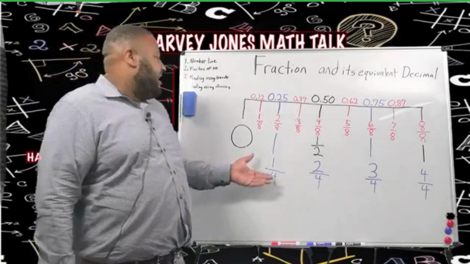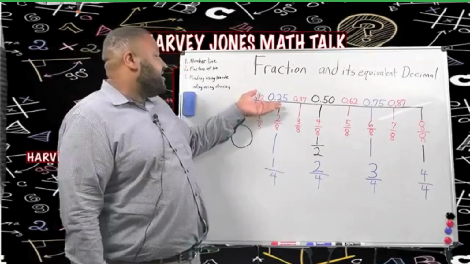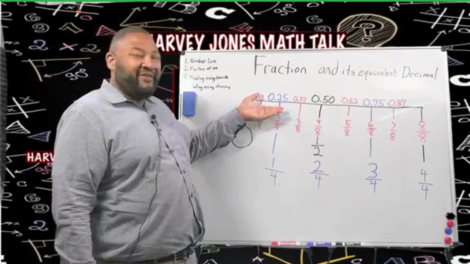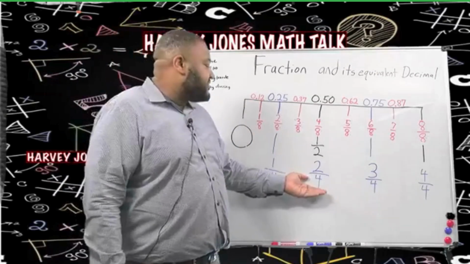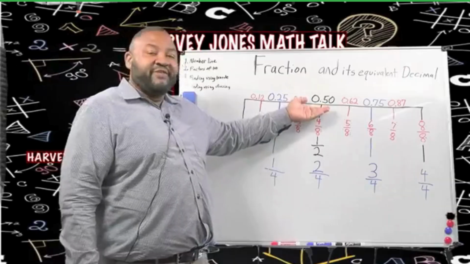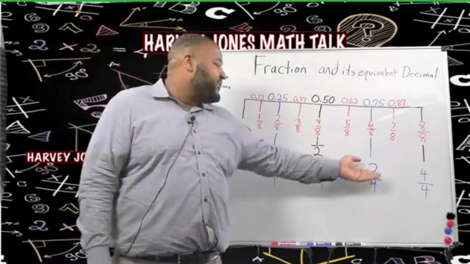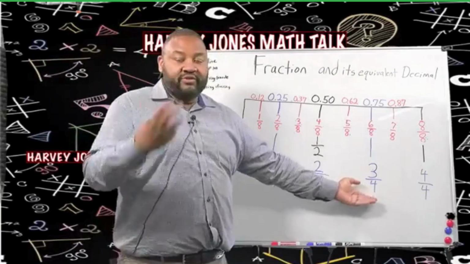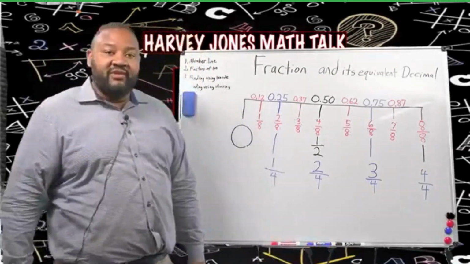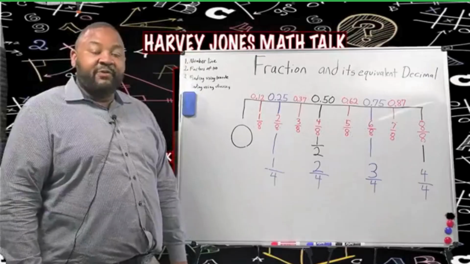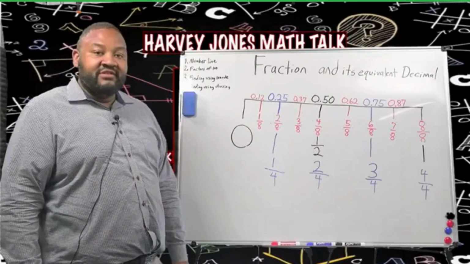Okay? My 1 fourth, which is 0.25, 25 hundredths. My 2 fourths, which is the same as 50 hundredths or 50 cents. Now, I jump over here to 3 fourths, 3 quarters. We talk about it on the clock. Hey, we even talk about that in our sports.